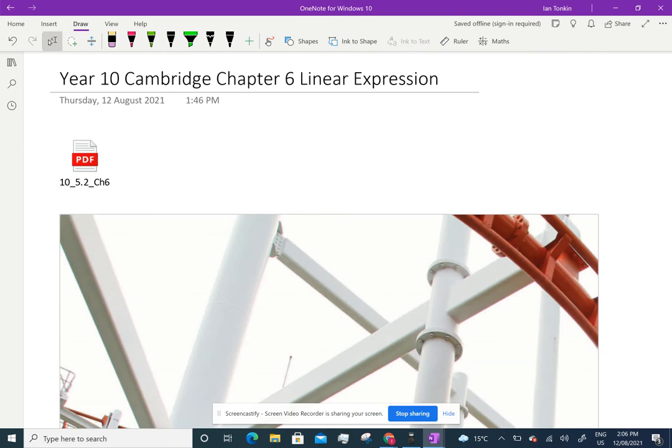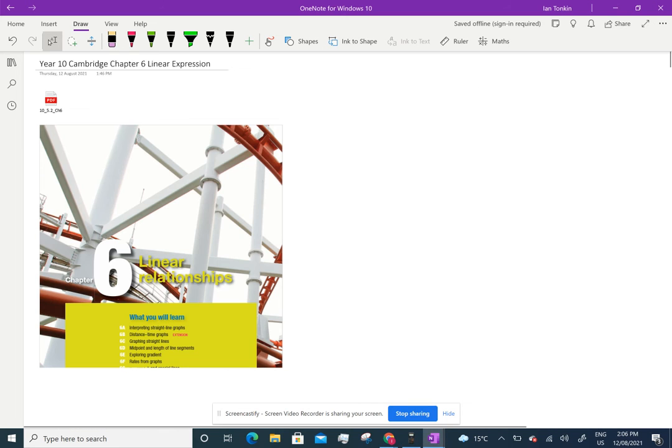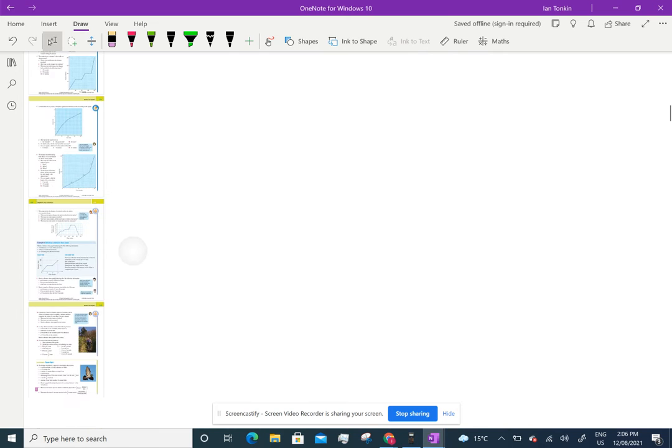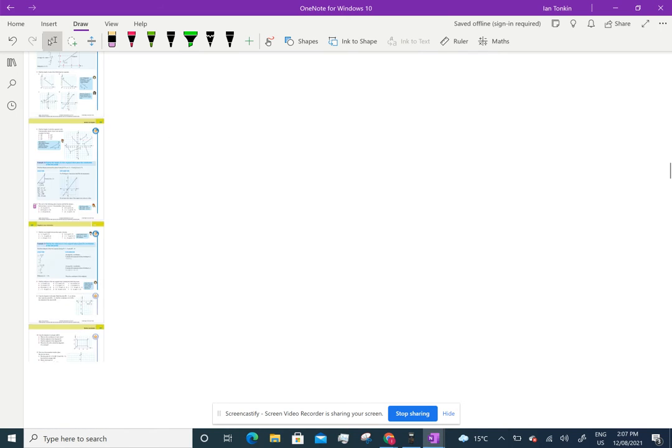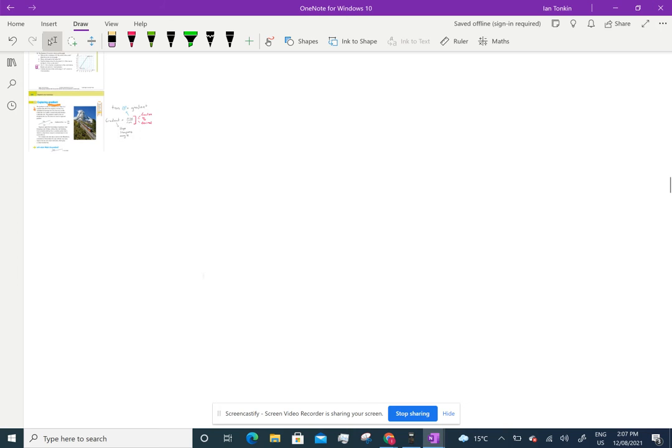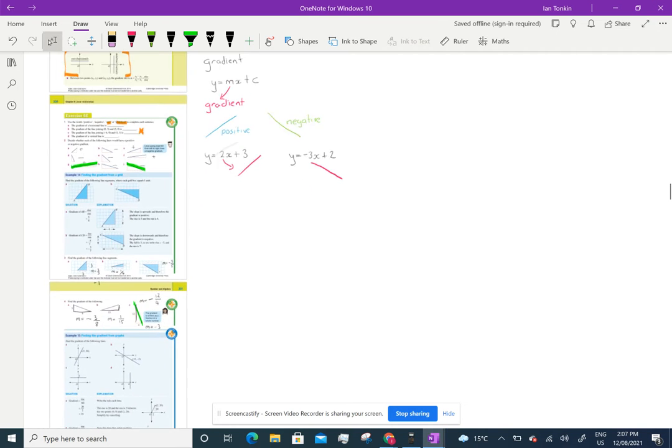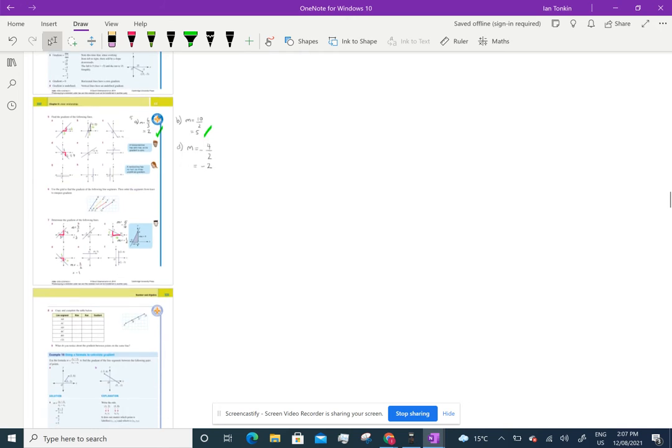Okay, well, if this goes back to the beginning, I'm going to kill it every time I resize. There we go. Let's see if I can find it again.